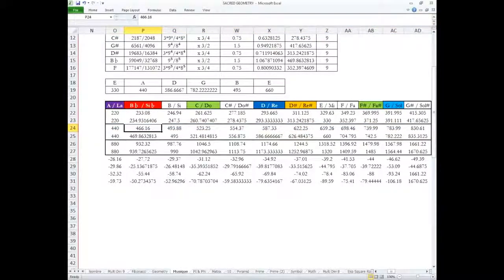We find in the international B the 493.88, which is actually 1.1 Hertz under the one I have, which is literally impossible to distinguish with a human ear. You can't make the difference between 495 and 493.88. And if you can, I'd like to hear from you.